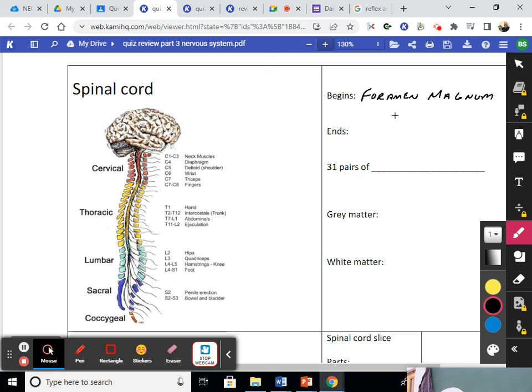And then extends all the way down to about L3, L4. And then from L4, there's still nerves that go down through there, but that's technically not the spinal cord. There's 31 pairs of nerves, spinal nerves we call those.